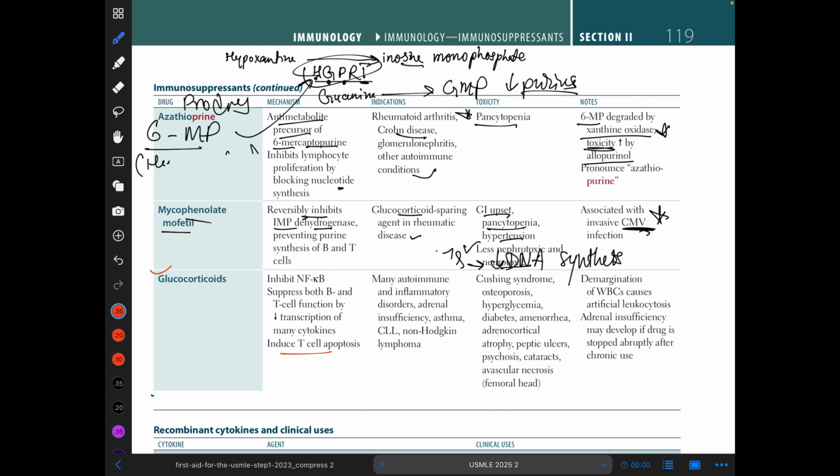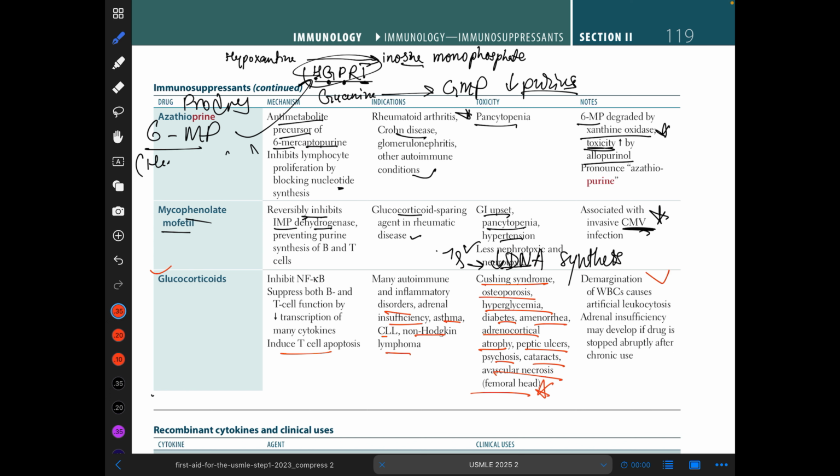They induce T cell apoptosis. They are used in many autoimmune and inflammatory disorders, adrenal insufficiency, and asthma, and in chronic lymphocytic leukemia and non-Hodgkin lymphoma. If it causes toxicity, then there could be Cushing syndrome, osteoporosis, hyperglycemia, diabetes, amenorrhea, adrenocortical atrophy, peptic ulcers, psychosis, and cataracts, and avascular necrosis can happen.